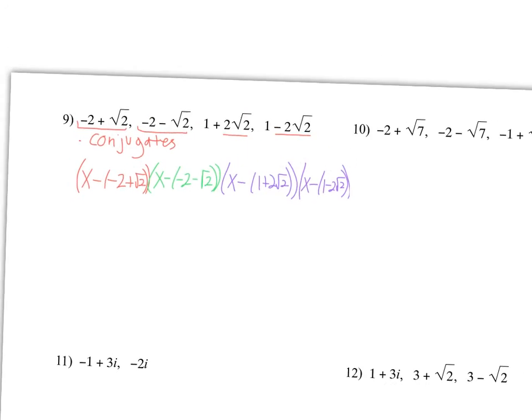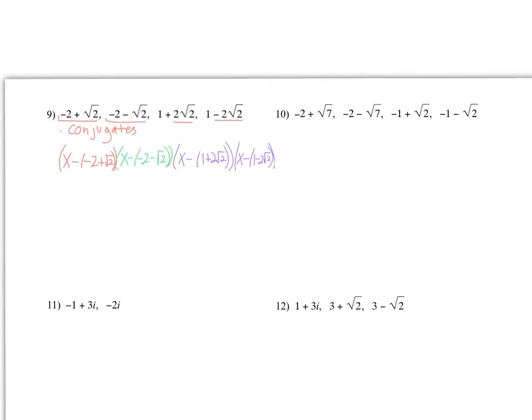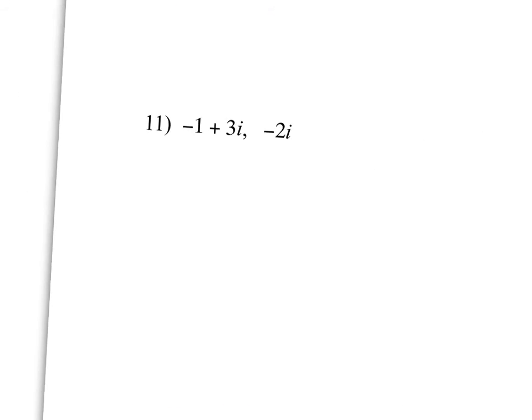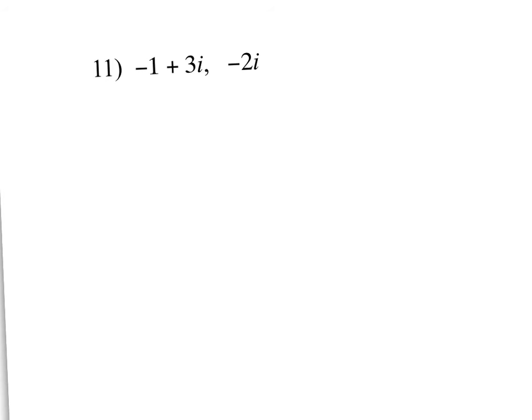Let's do one more of these. Number 11. Once again, I know that I need to include some conjugate roots here. If I've got negative 1 plus 3i, that also means that negative 1 minus 3i has to be a root. And if I've got negative 2i, it also means that plus 2i has to be a root.